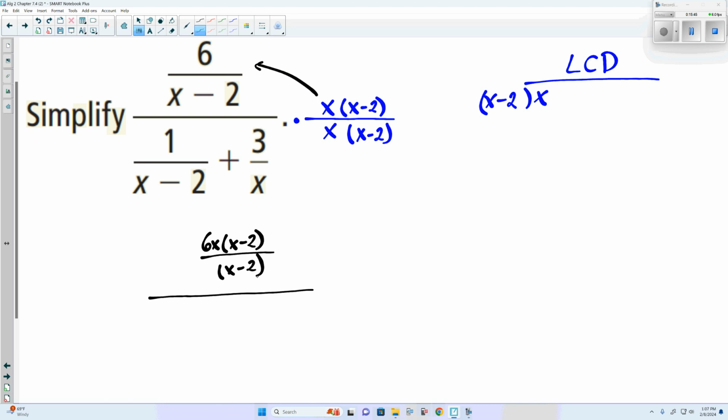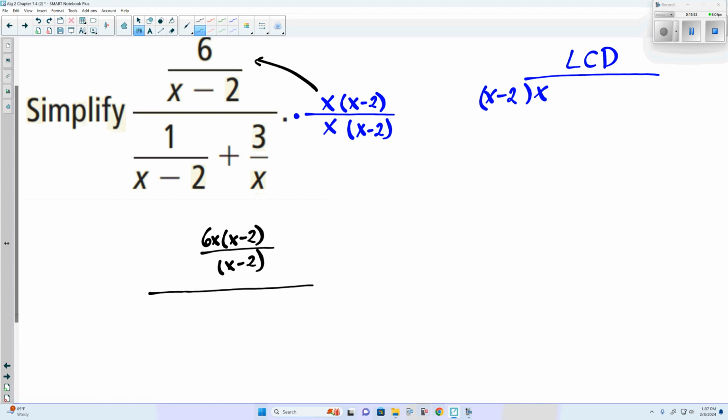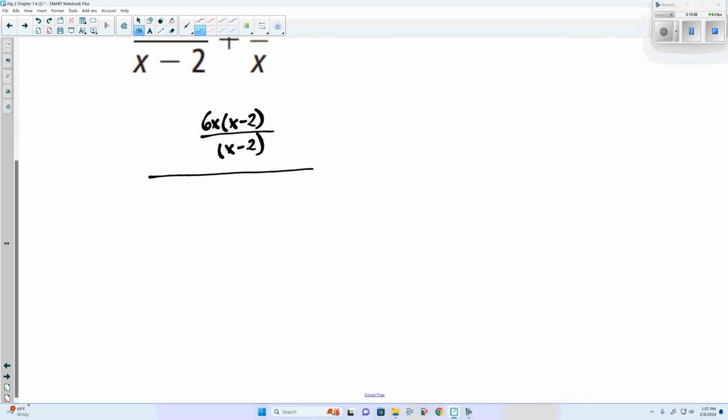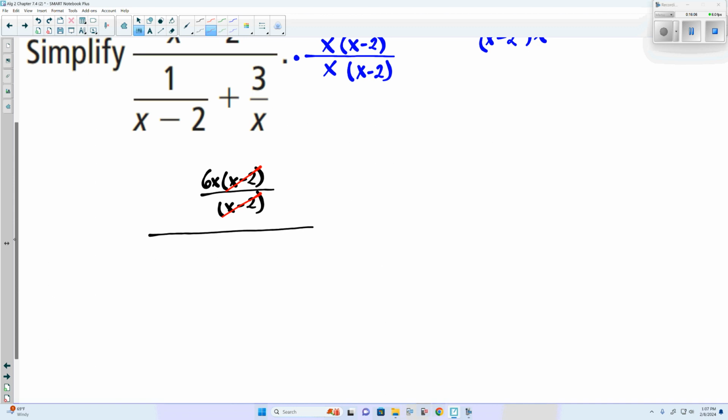Six times x times x minus 2. But we know that those two will cancel out. Yep, that is why we're doing it by the x minus 2.